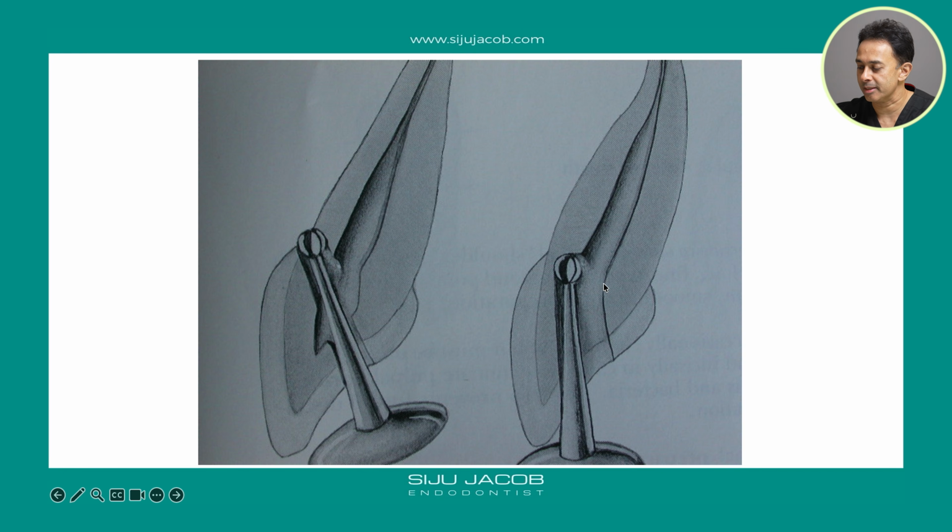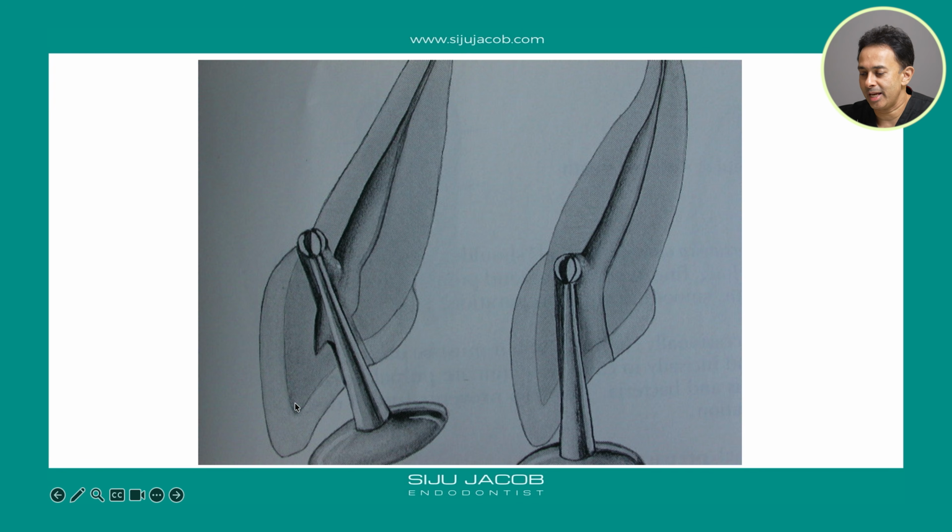canal usually is. This diagram illustrates what usually happens when a clinician makes an access in a maxillary central incisor. Because clinicians tend to make accesses from the palatal side, the orientation of the burr is usually labial. In reality, the actual orientation of the canal in relationship to the long axis of the tooth is more towards the incisal part of the tooth.